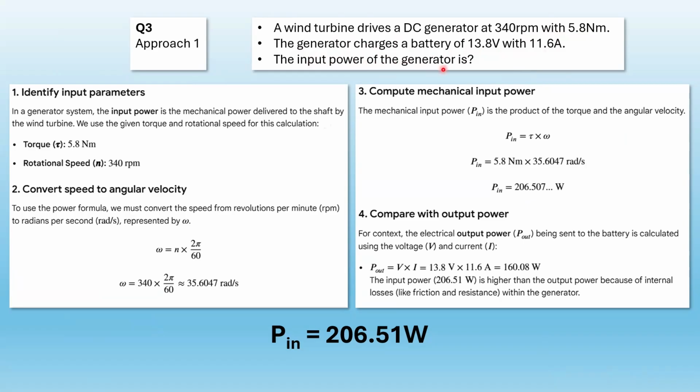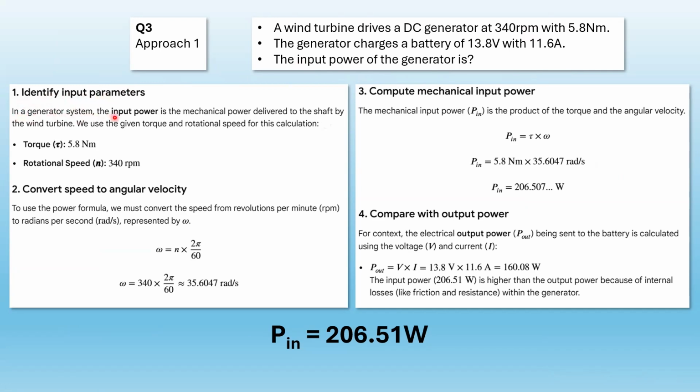The input power of the generator, we're talking about mechanical input, because a generator turns mechanical power into electrical power. We know this is mechanical power because we're generating electricity. Let's identify the input parameters.